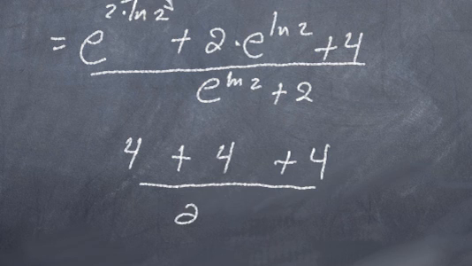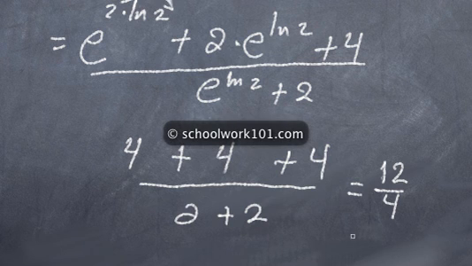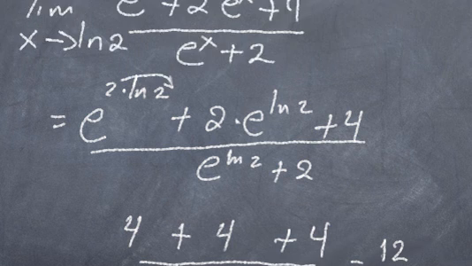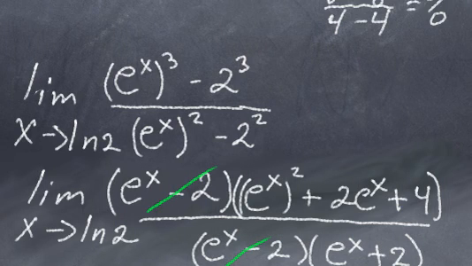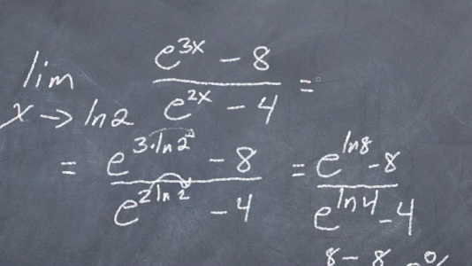And then this is 2 plus 2, right? So we end up with 12 over 4. And that's going to end up equaling 3. Alright, finally. So let's go back up here, and we can now say that our limit is equal to 3.